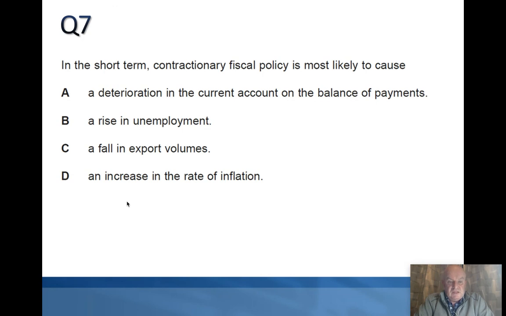So what is it most likely to cause of those 4? It's actually going to be B. If we're contracting, trying to take the heat out of the economy, then the chances are that it's most likely to cause a rise in unemployment.